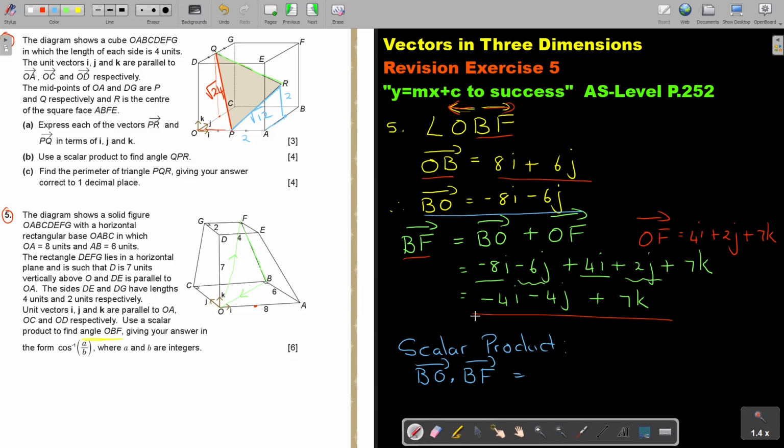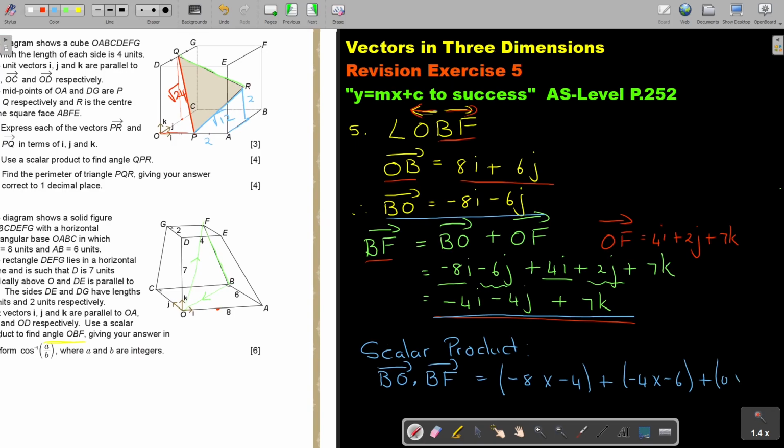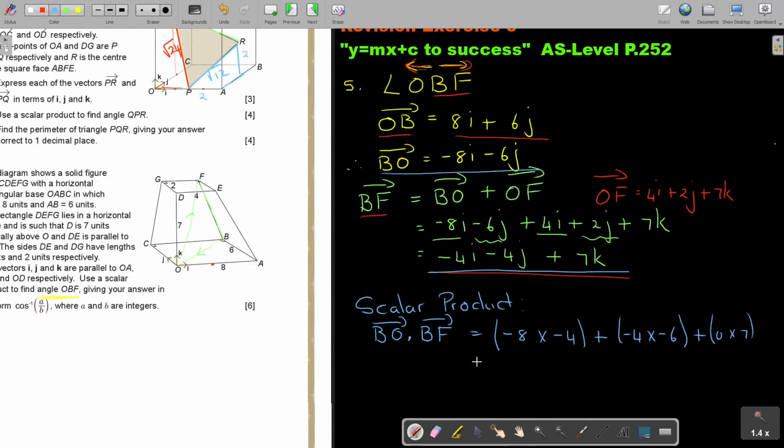So BO and BF. So it's going to be negative 8 times negative 4 plus negative 4 times negative 6 plus 0 times 7. And that is going to be 32 plus 24, and that's going to be 56. Okay.